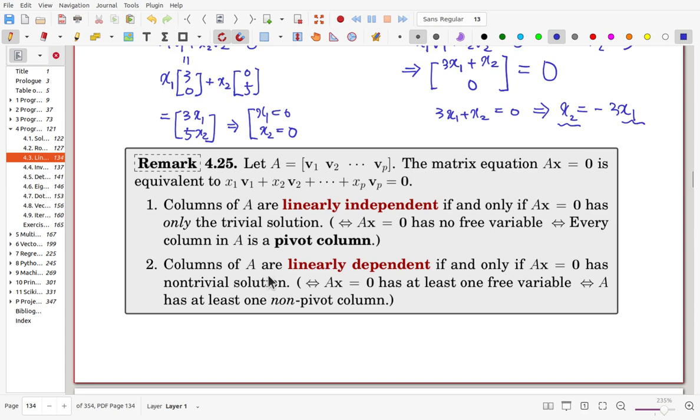Columns of A are linearly dependent if and only if this homogeneous equation has a non-trivial solution. Equivalently, the homogeneous system has at least one free variable. Again, equivalently, A has at least one non-pivot column.